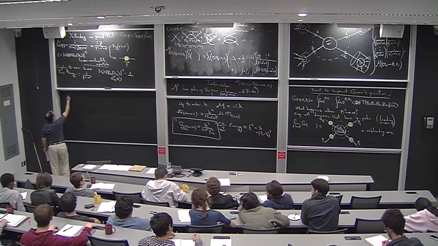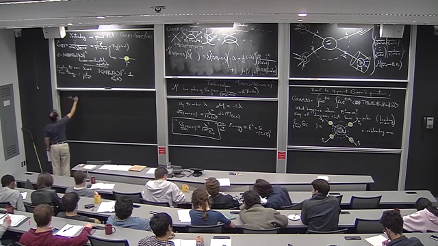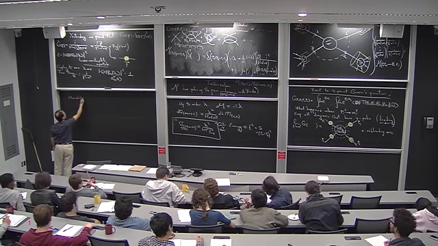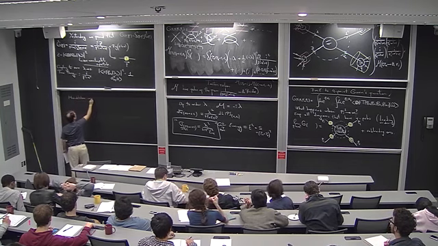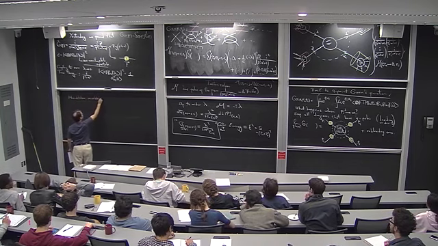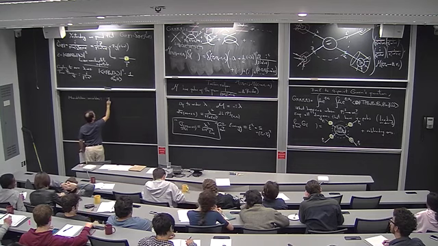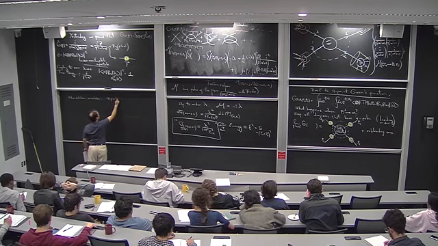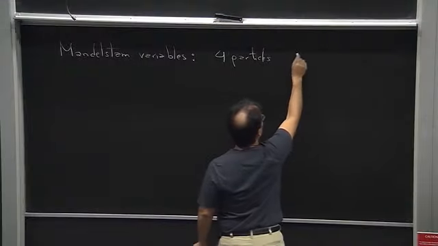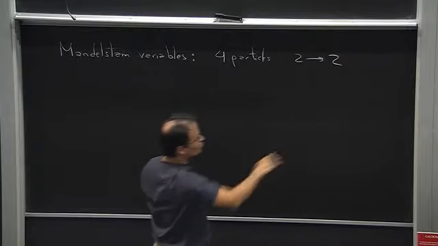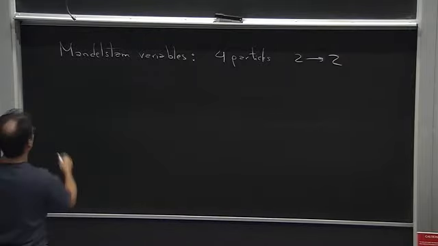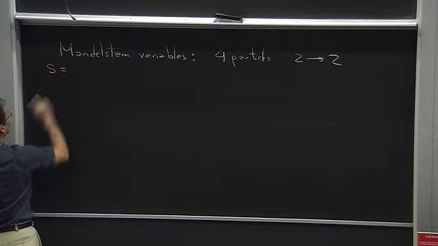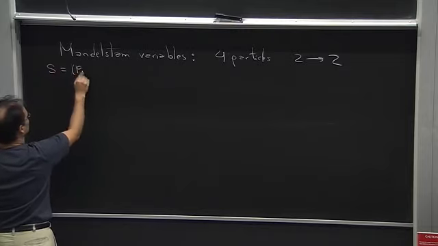So let me just remind you of the Mandelstam variables. So for 4 particles, meaning 2 going to 2, this is the process we're studying, people like to introduce these variables.